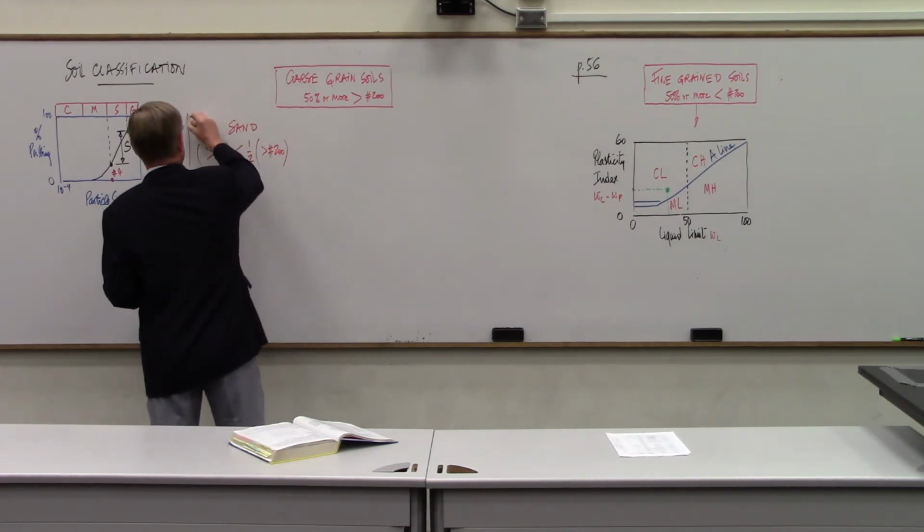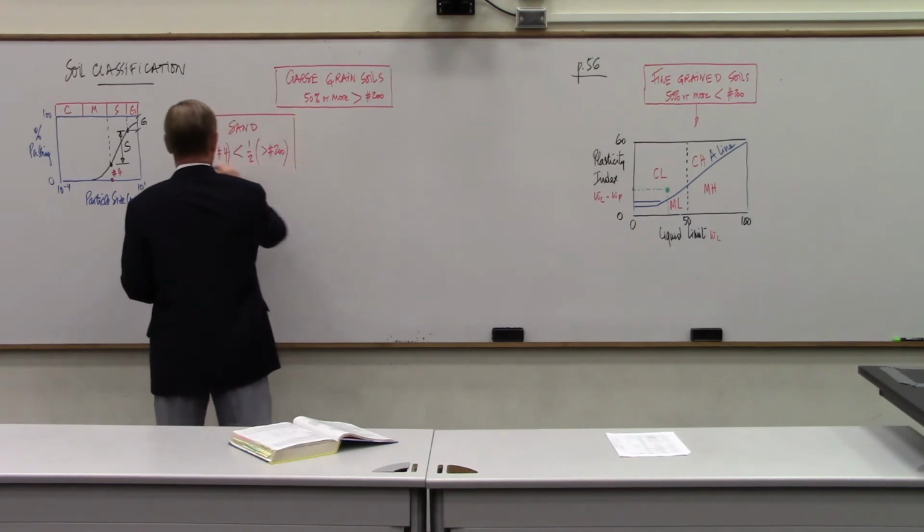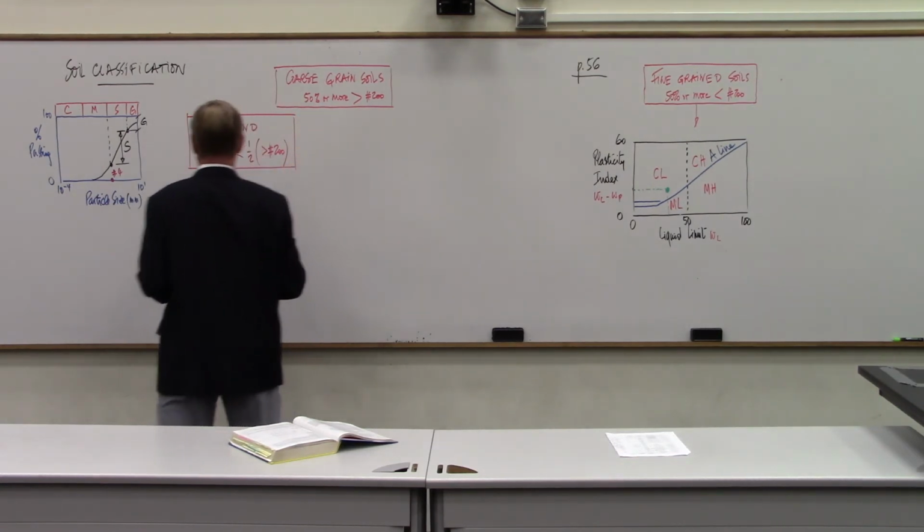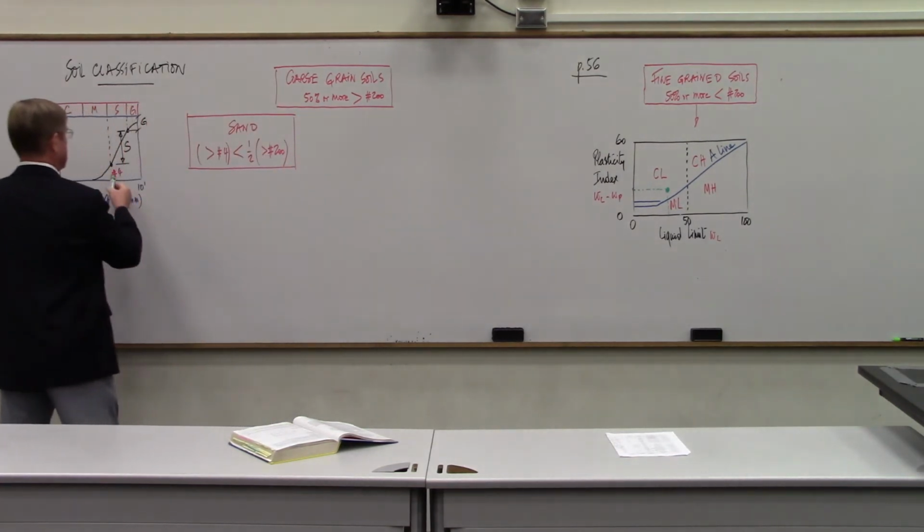Okay, so that's the decision box for sand. So what that means is that here's number 4. The portion larger than number 4, so maybe, I don't know, 80% here, is less than 1/2 of the portion passing 200.